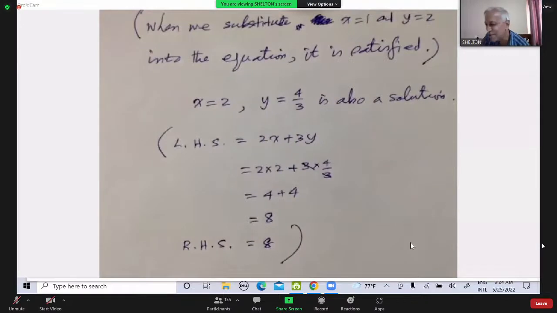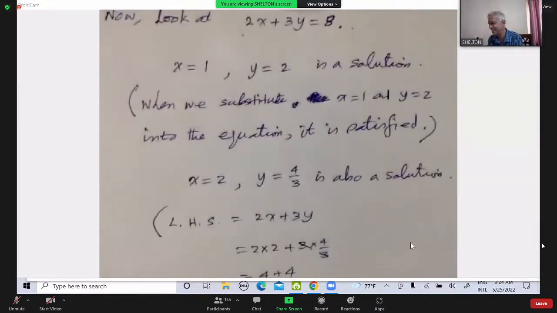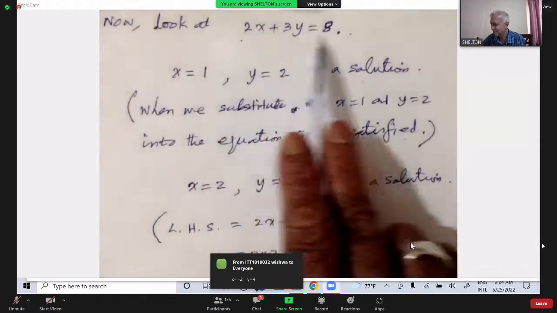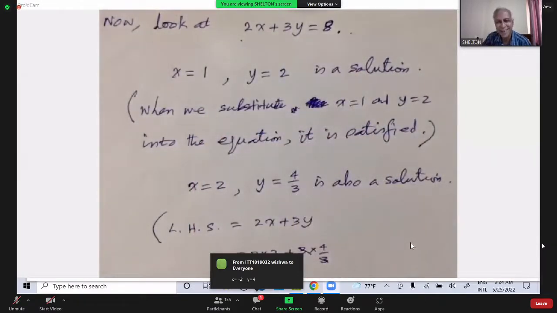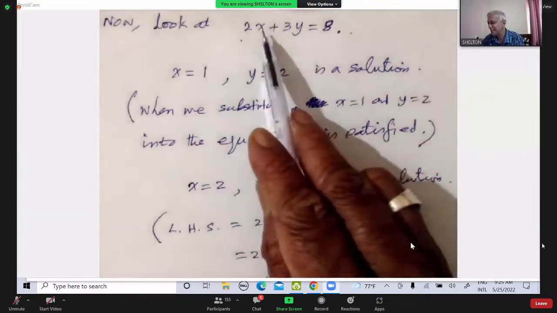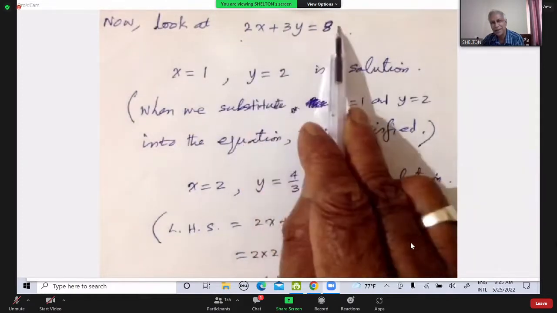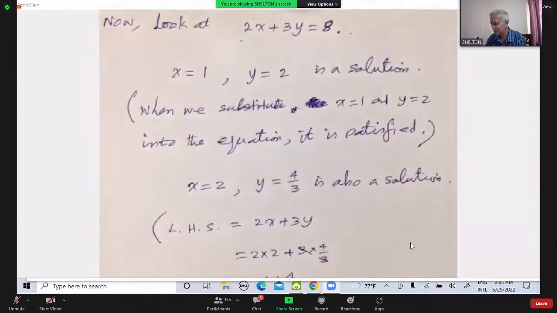Can somebody give me another solution of this equation? x equals 4 and y equals 0, excellent. If you put x equals 4, this is 8, no? 8 minus 8 is 0. Very good.